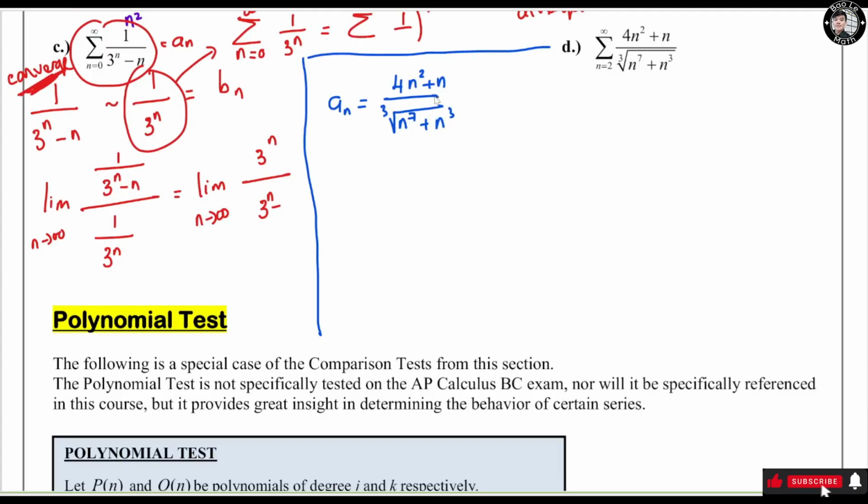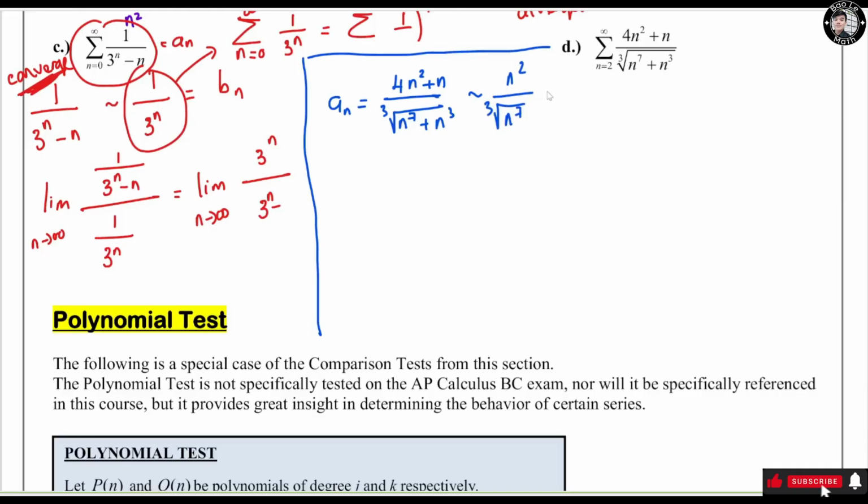Now observe that the top is a polynomial function, and the bottom is still a polynomial function under the radical sign. So they both behave in the same way as the largest power. The largest power on the bottom is 7, and the largest power on top is 2. So this is the same thing as n squared over the cube root of n to the 7.